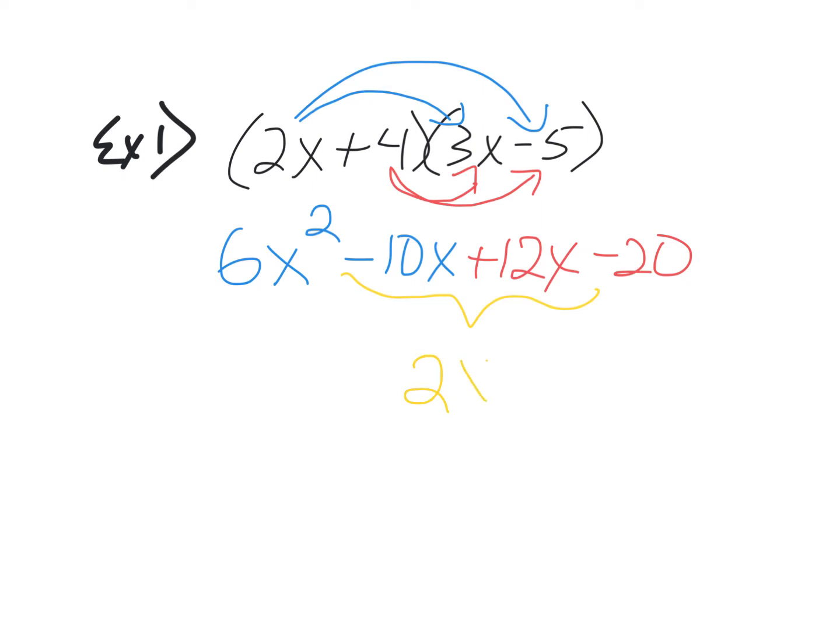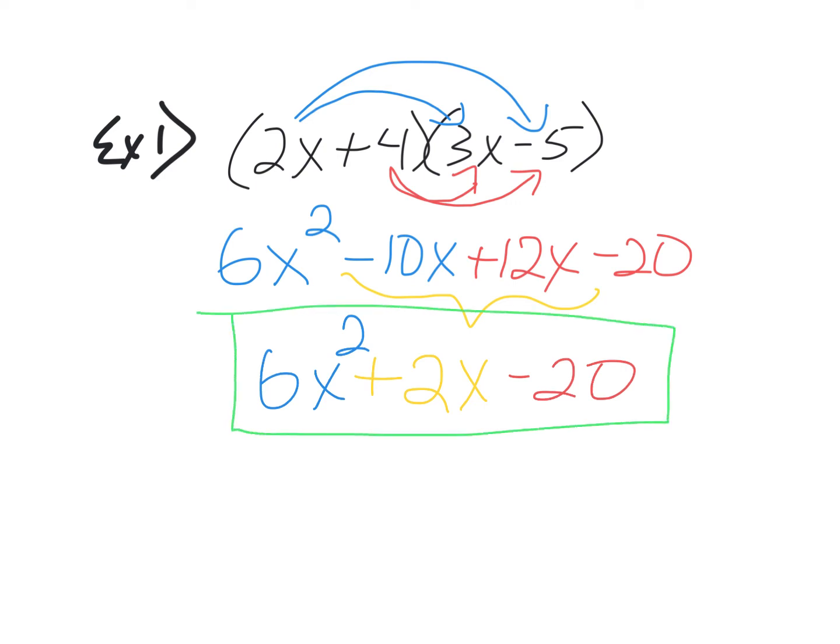So plus 2x, and we just bring down our 6x squared plus 2x, and then, of course, at the end, we have our minus 20. So this trinomial is what we got when we multiplied these two binomials. This is the product of this multiplication problem.